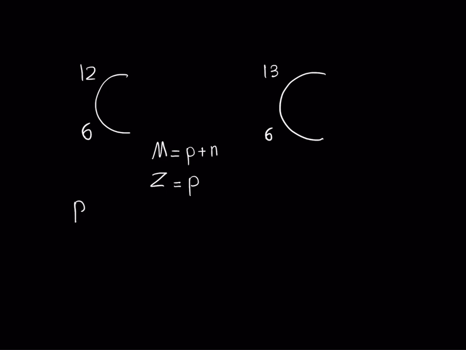So for these two examples, go ahead and figure out the number of protons and neutrons for each. On the left side we have 6 protons because our atomic number is 6, and that's equal to the number of protons.